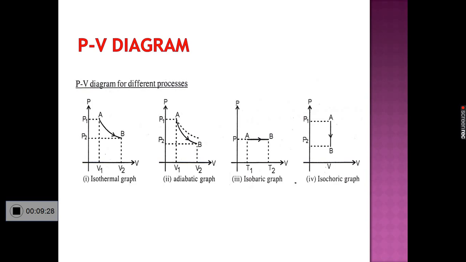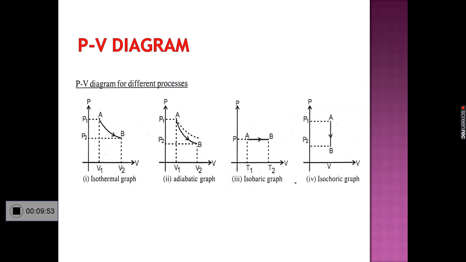These are the four PV diagrams corresponding to the four different thermodynamic processes. What is the significance of this diagram? If we find the area under the graph, that area will be equal to the work done.